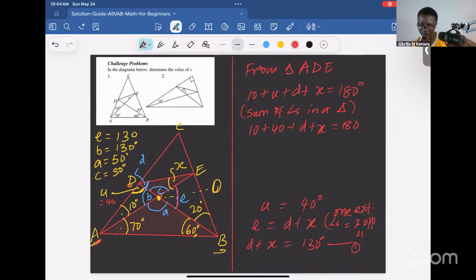We can get C angle there. So it seems as if this needs a new approach, because what I'm seeing, we're going to have D plus X 130, 130, and that cannot be the case because we're going to end up having just 0, which should not be.